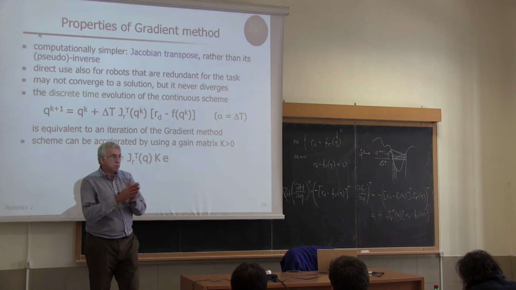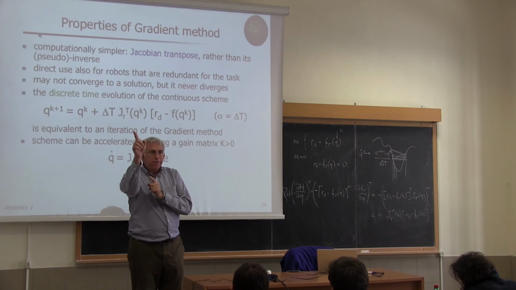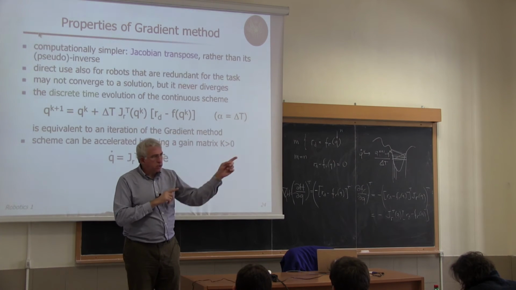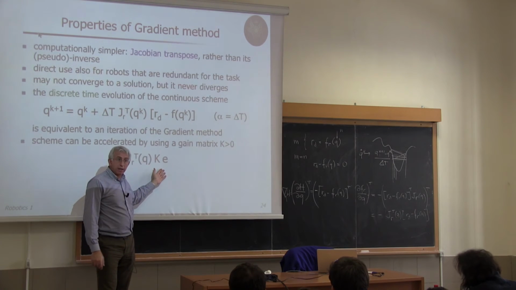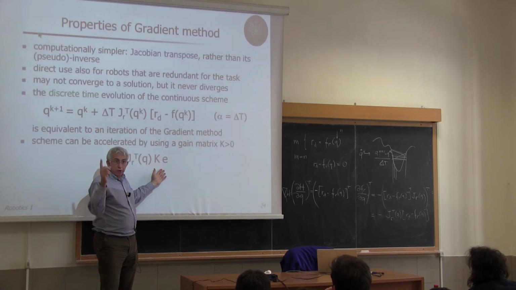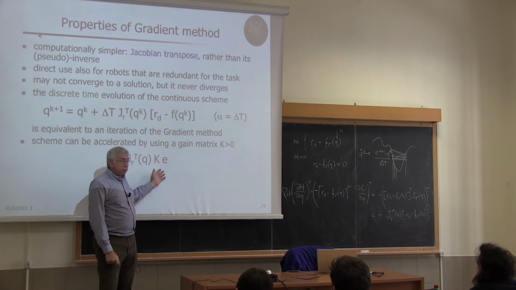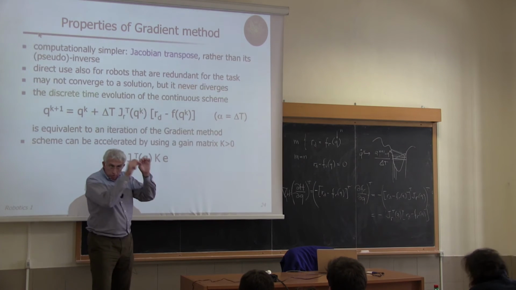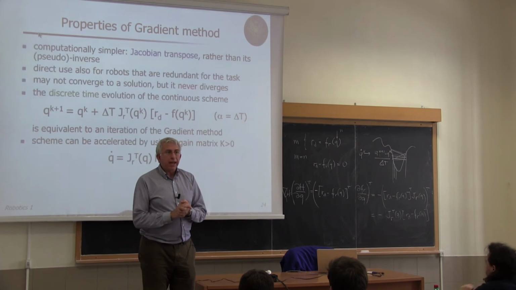Suppose that K is a diagonal matrix. Then you are trying to emphasize an error in one direction with respect to another direction if you take a diagonal K with non-equal gains on the diagonal. You're saying, I have a small error on joint 1 and the same small error on joint 2, but I care more about the error on joint 2, so I amplify the error on joint 2 by taking K2 on the diagonal bigger. Okay, so you can be more flexible.